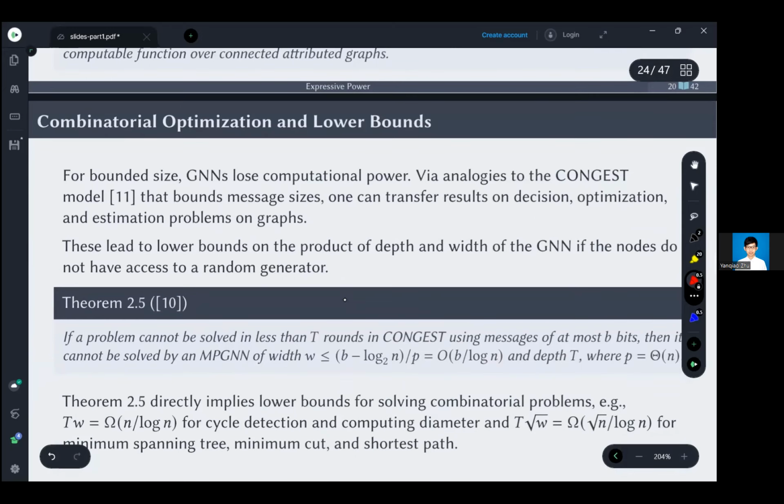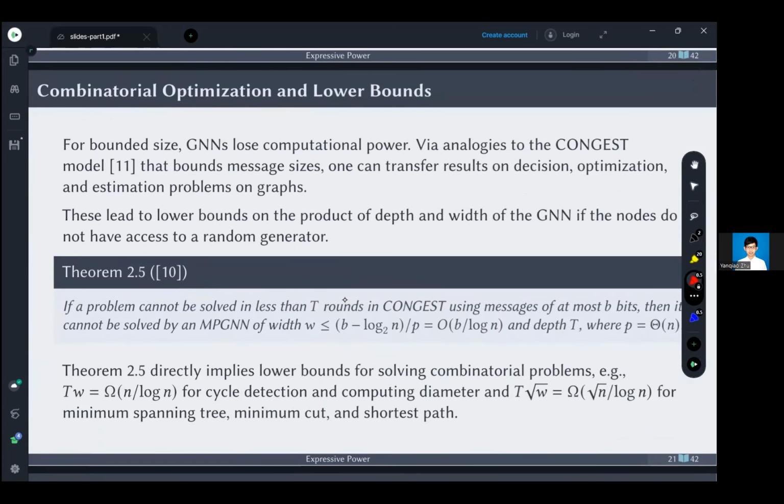Even so, for the bounded case, the GNN will lose its computational power, right? But there is another model called the CONGEST model that bounds the message size, and we can transfer some results to the CONGEST model here as well.